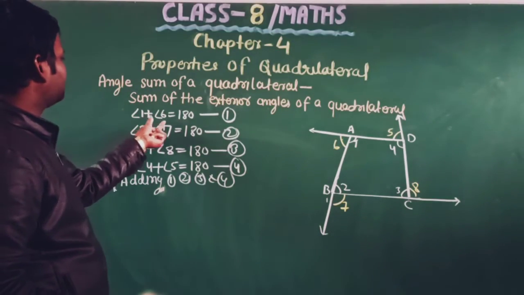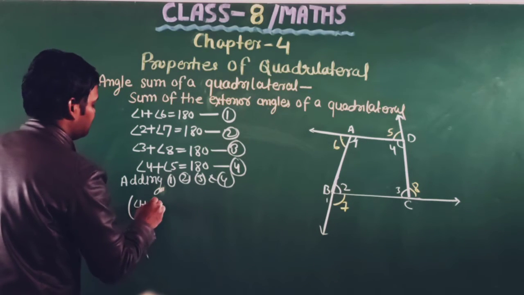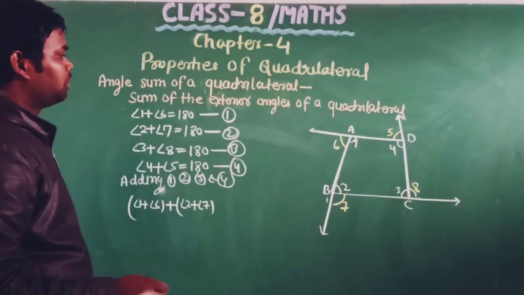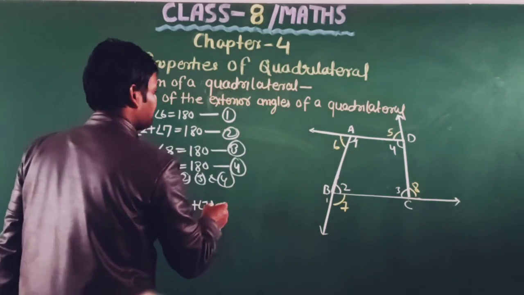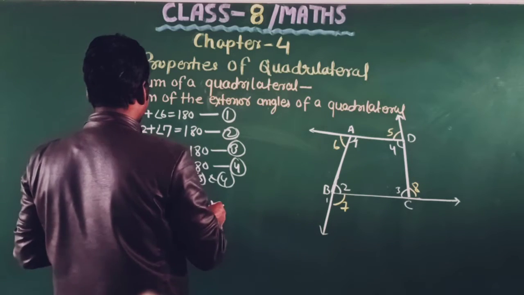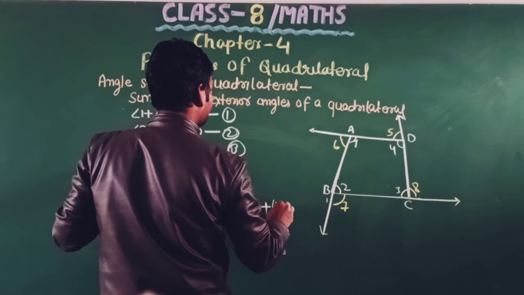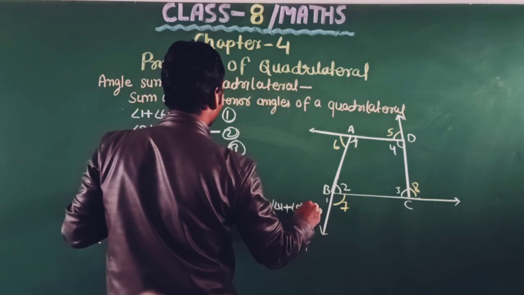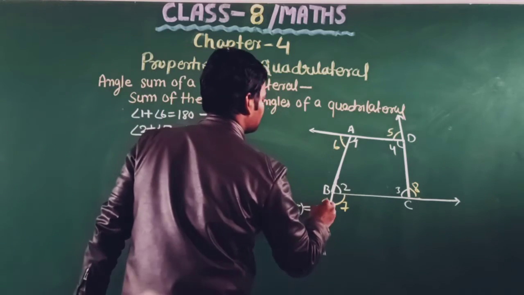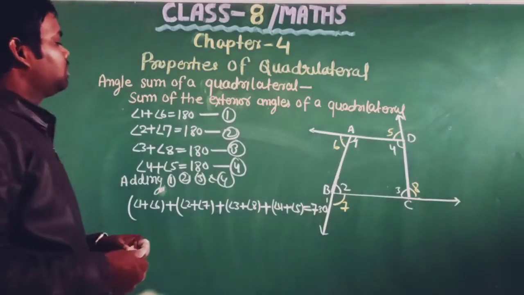After adding, we get angle 1 plus angle 6, plus angle 2 plus angle 7, plus angle 3 plus angle 8, plus angle 4 plus angle 5, equals 720 degrees.